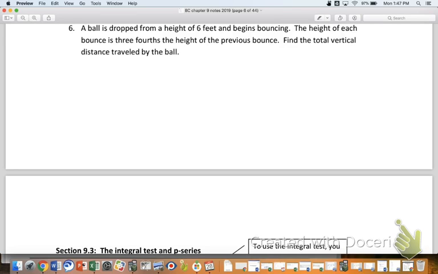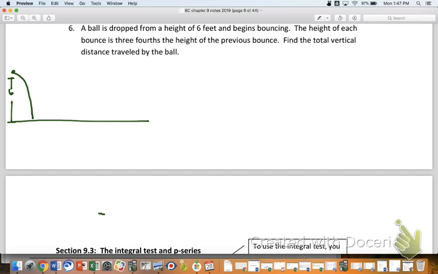I didn't see a whole lot of this, but to help with this, I would try to picture it and draw a very rudimentary picture of what's actually happening. So maybe if this is the ground right here, the ball starts up here, 6 feet high, and it drops down and hits the ground, it's going to bounce up, right?